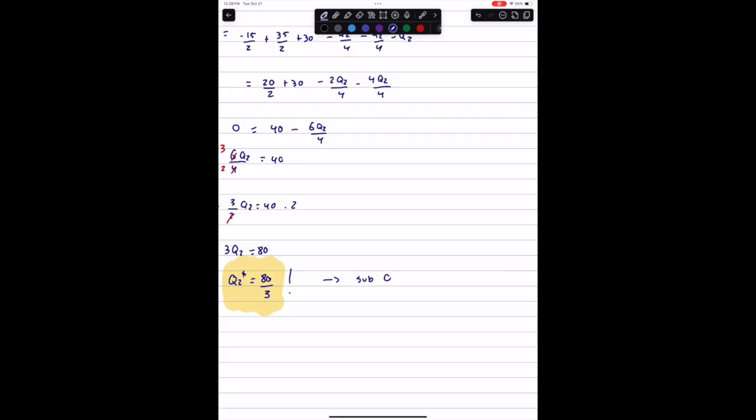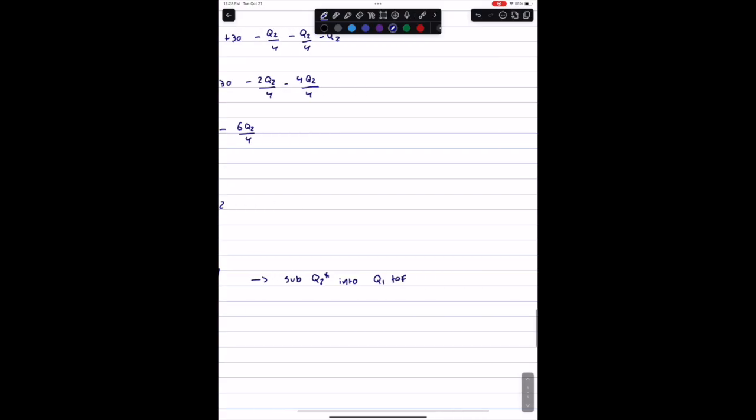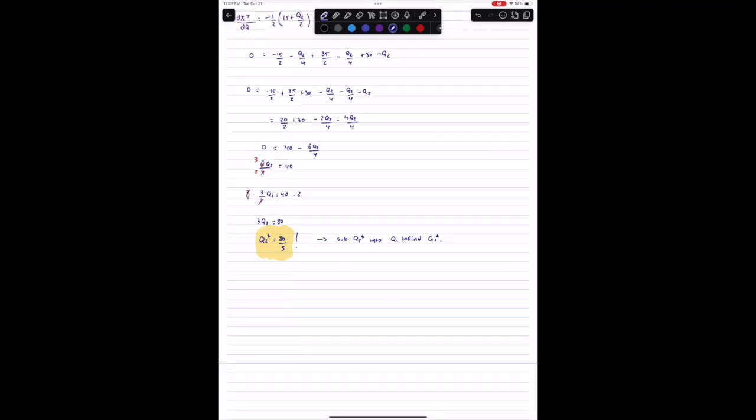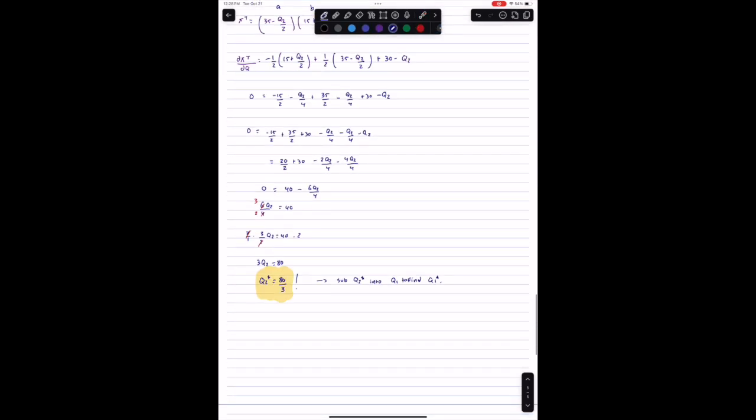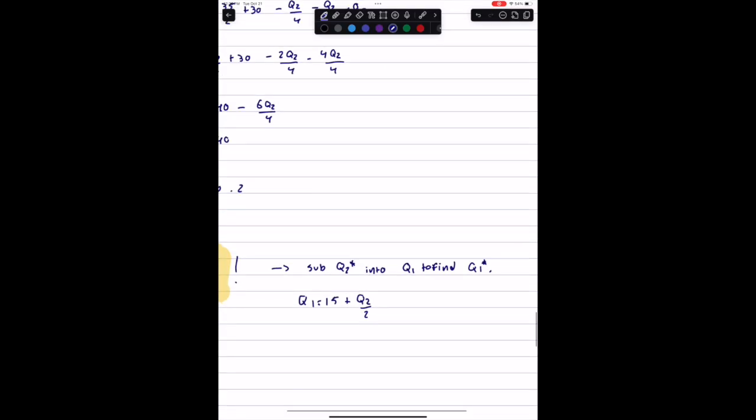Now what we're going to do is sub q2 star into q1 to find q1 star, right? If you look above, our q1 is equal to 15 plus q2 over 2, right? So we can just substitute q2 in.